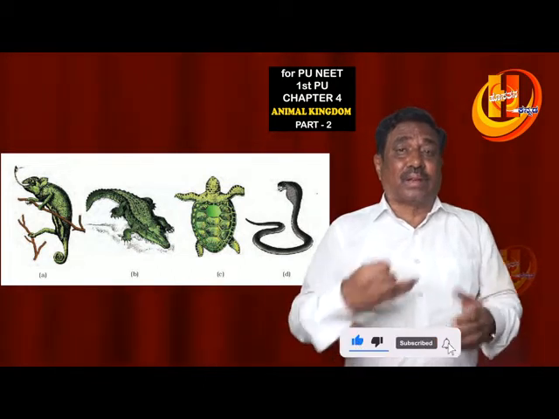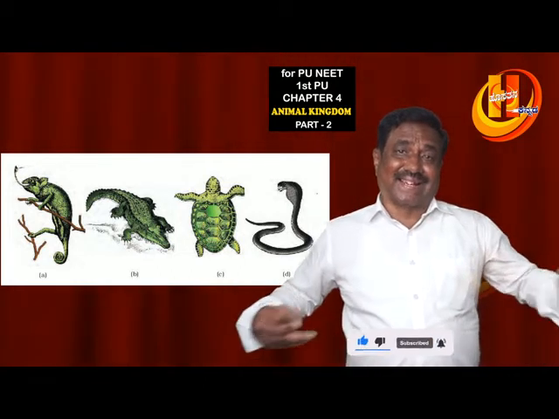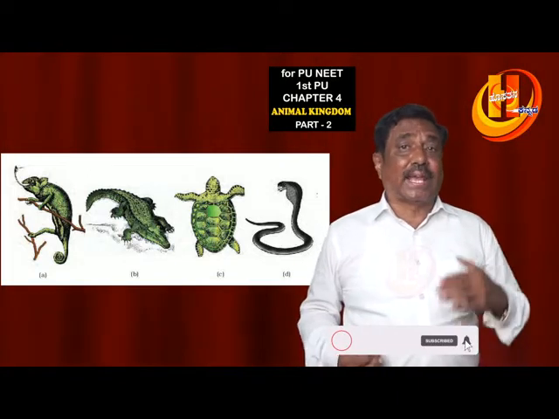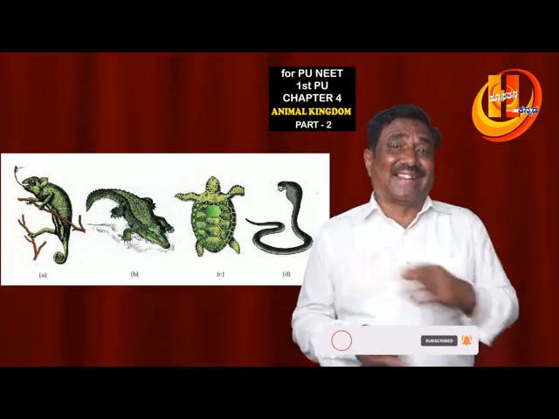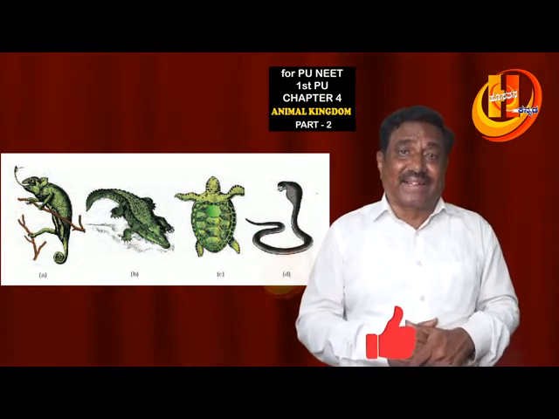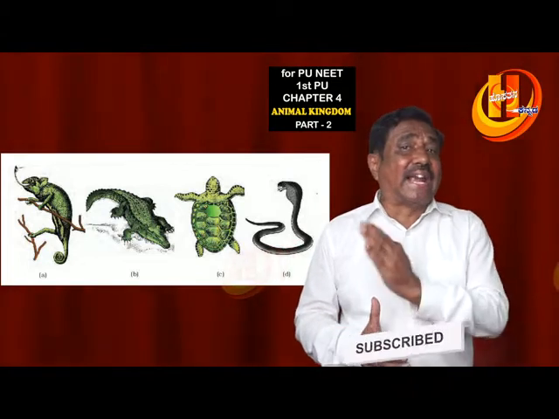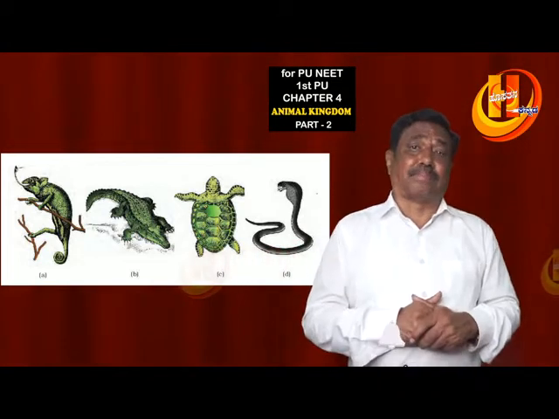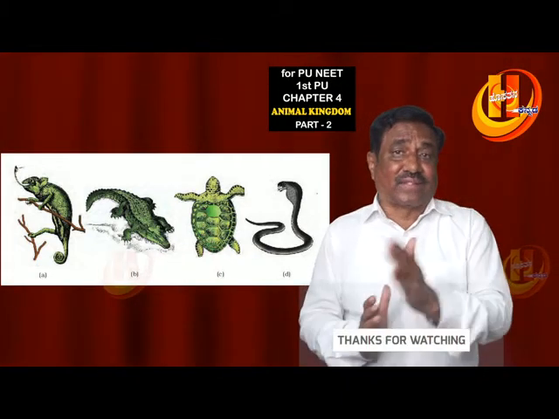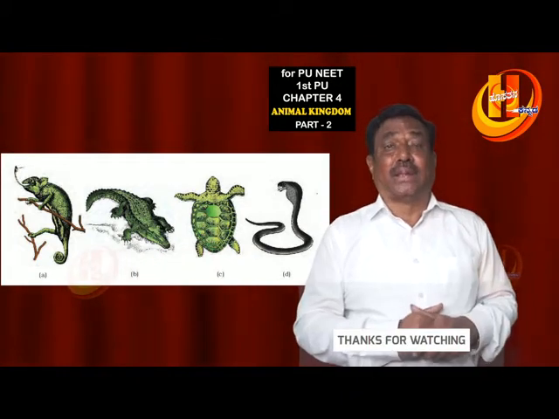and the different types of lizards. Chameleon is tree lizard, Calotes is garden lizard, Hemidactylus is wall lizard. Apart from this, alligator is another example not given so far in the NEET. Some of these examples are very, very important.